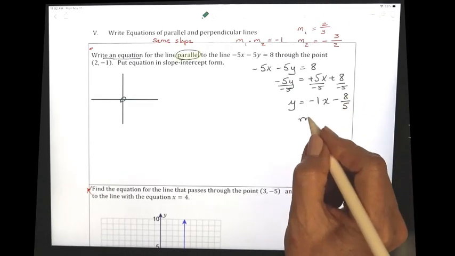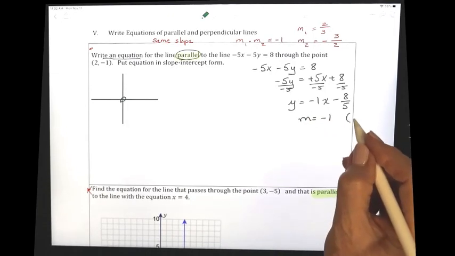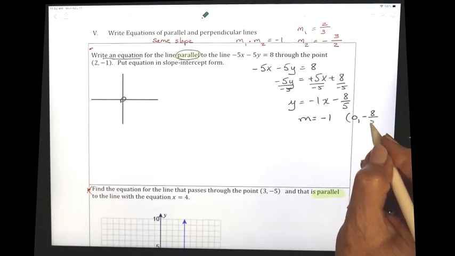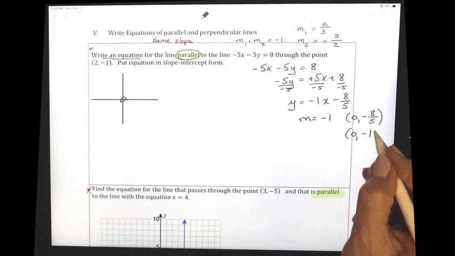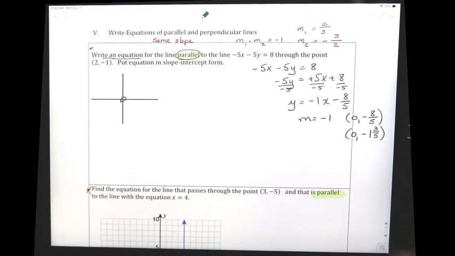So I can see that the slope of this line is going to be -1, and I can see that the y-intercept is at (0, -8/5), or if you want to put that into mixed number form, it's -1 3/5.